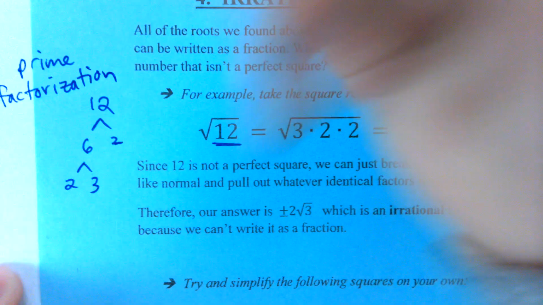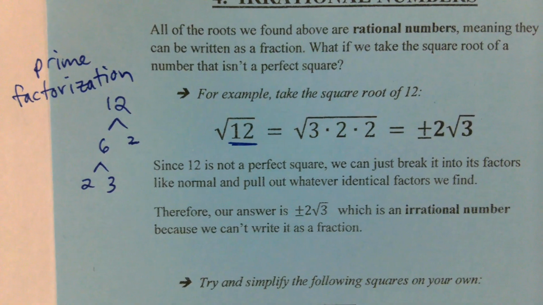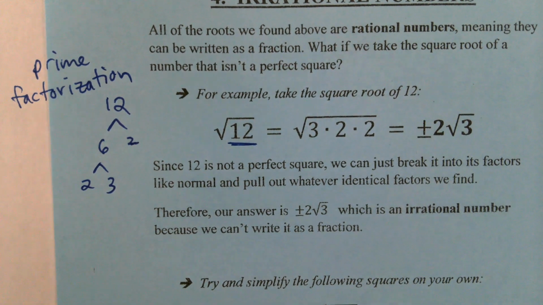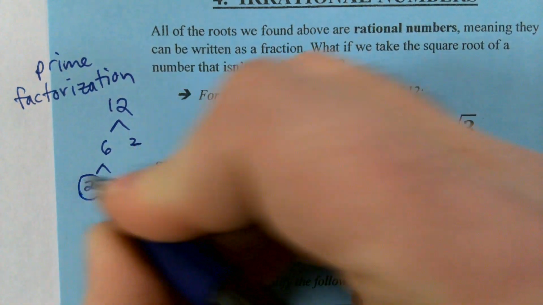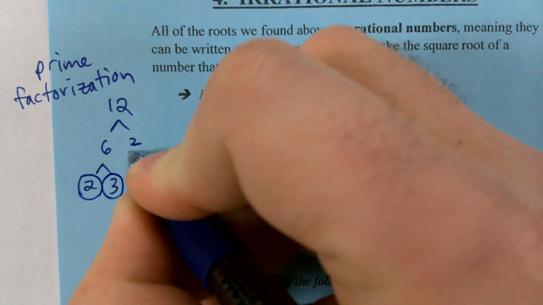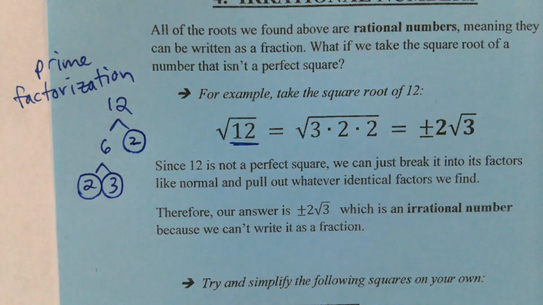And I'm going to write that right above it. Prime factorization. What that means is that we've broken 12 up into only prime factors. 2 is a prime number, 3 is a prime number, and 2, again, is a prime number.